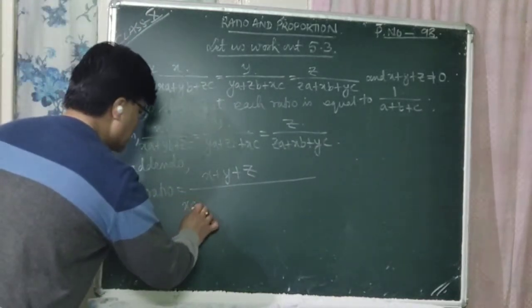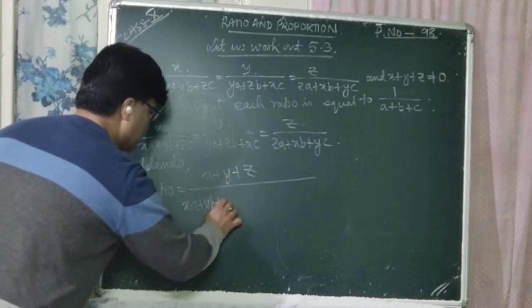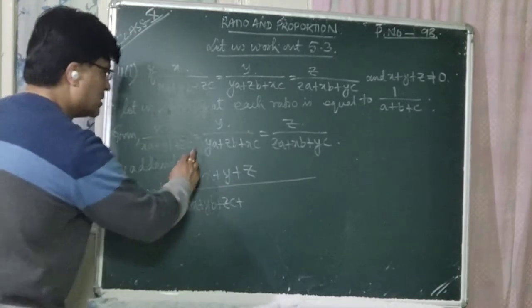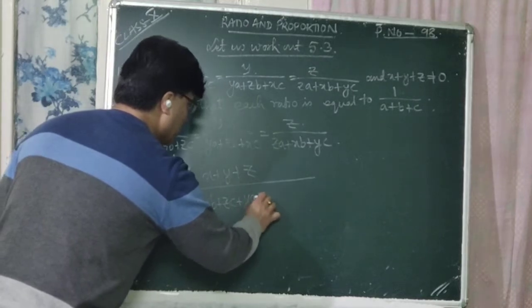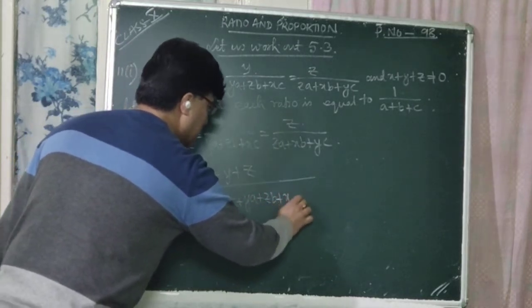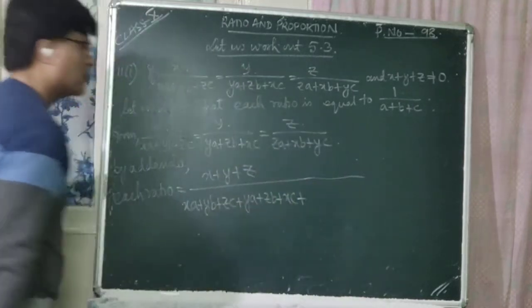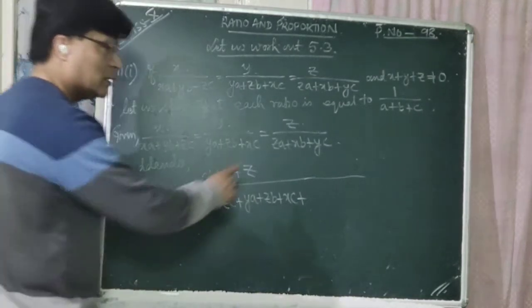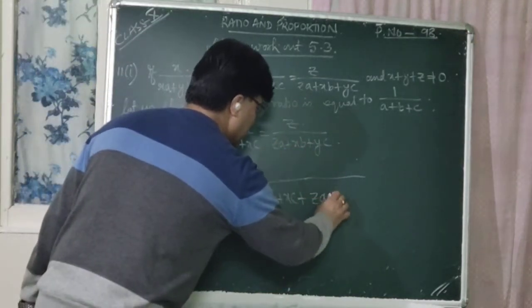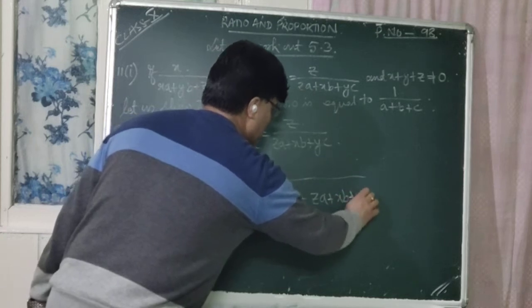So it is xa plus yb plus zc plus next ya plus zb plus xc plus, what is the third term? It is za plus xb plus yc.